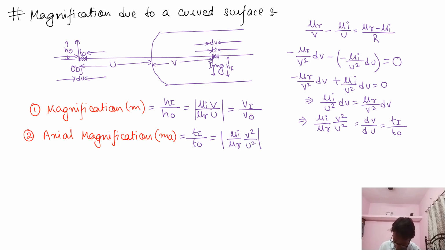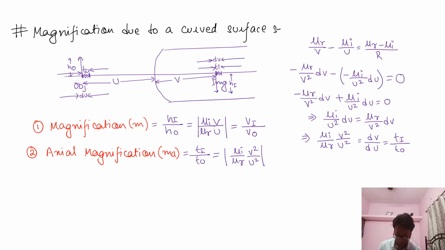So remember out here, v square by u square is the same as mirror, but out here mu i is related to object and mu r is related to image. Okay, now the relation between axial velocity of image and axial velocity of object is equal to axial velocity of image by axial velocity of object, with axial velocity of object in this side and axial velocity of image in this side.